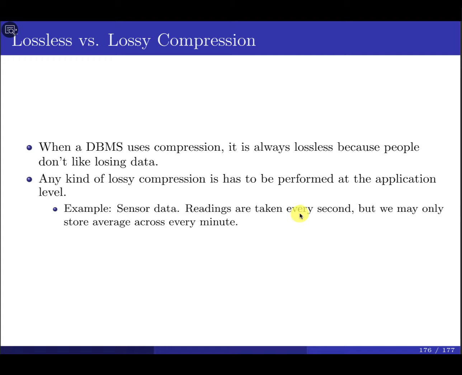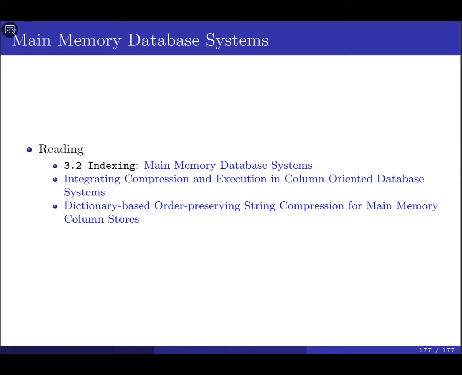I'm not going to go over all the details. If you have time, I encourage you to take a look at indexing techniques in main memory database systems. We mainly cover databases that rely on secondary storage media in order to store the data. There is another kind of database management system that mainly relies on main memory to perform operations.